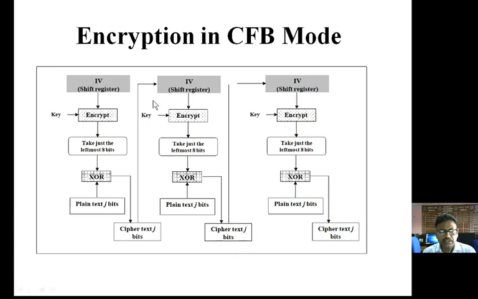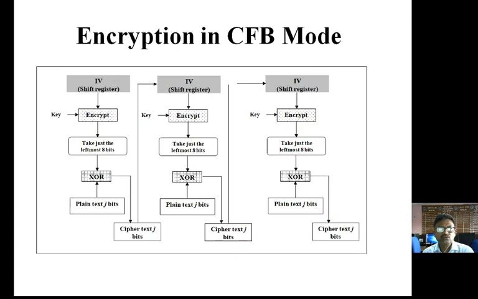In the encryption process, we get ciphertext from the plain text when it is XORed with the leftmost 8 bits after the encryption process. It means whenever we have to find the plain text from the ciphertext, we have to XOR this ciphertext with this same value to get the plain text. And this is the only difference in the decryption process of the CFB mode.